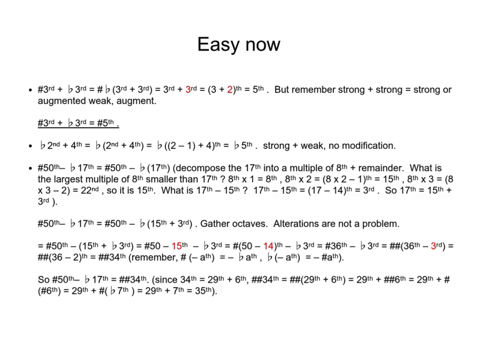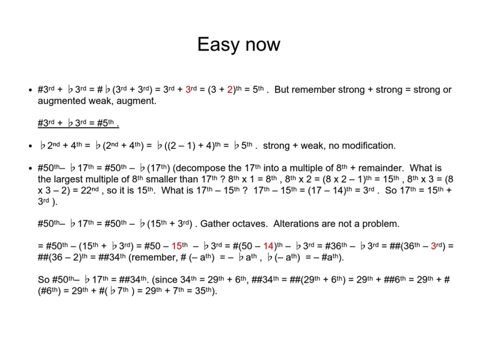We need to know what the largest multiple of an octave is that's smaller than the 17th, in order to rewrite the 17th as a multiple of an octave plus a remainder. So we try an octave once, times 1 is equal to an octave. An octave times 2 is equal to a 15th, you see? And an octave times 3 is equal to a 22nd, so it's a 15th.